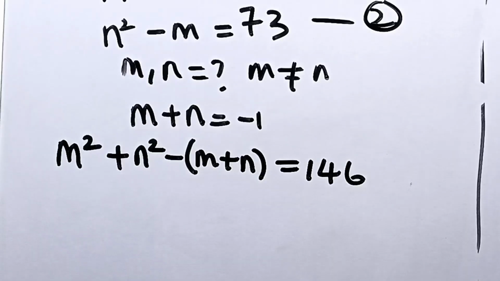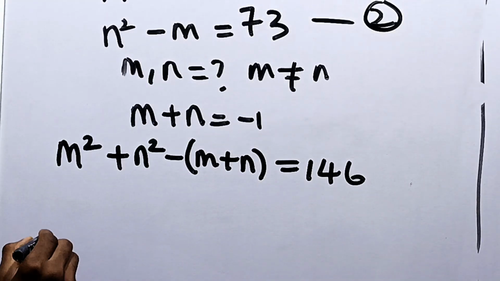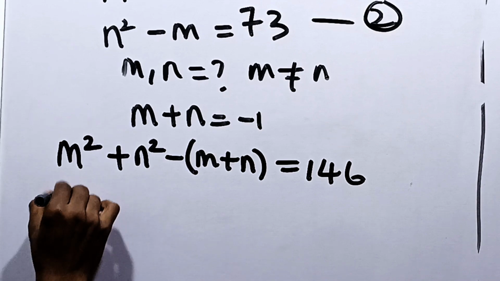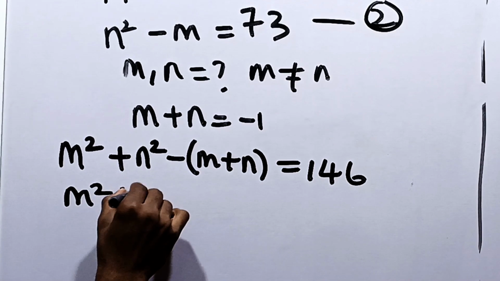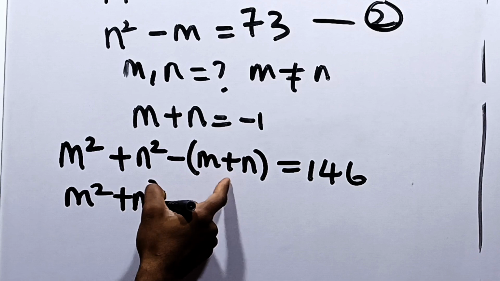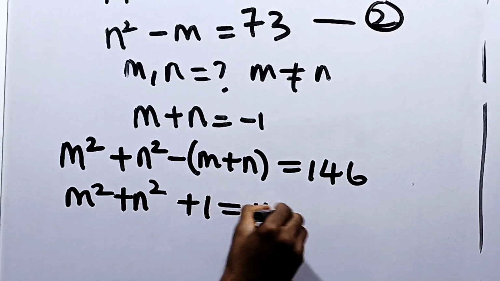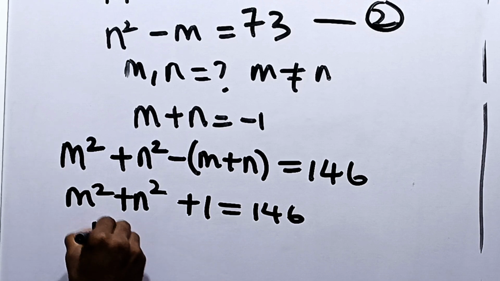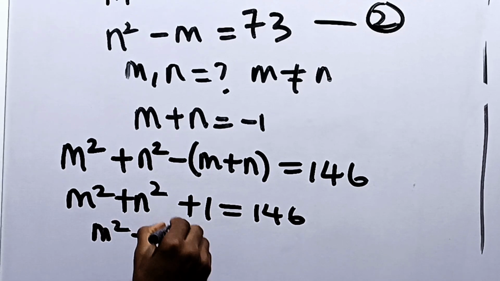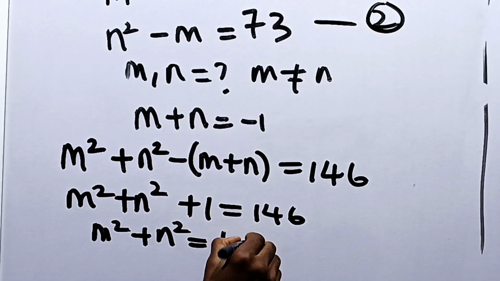Okay? Now moving on from here, we can now say that our m squared plus n squared, m plus n is minus 1, so we have minus times minus 1 is plus 1 is equal to 146. Okay, now from here we have that m squared plus n squared is equal to 145.